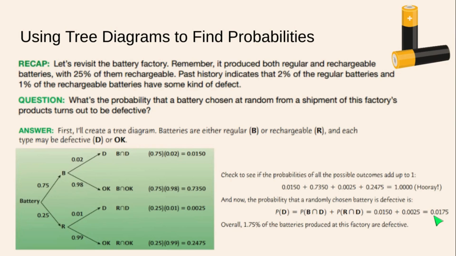So as I've said, tree diagrams are your friends, especially if you have messy problems like this, where there are several ways in which you could fulfill the event of being defective.